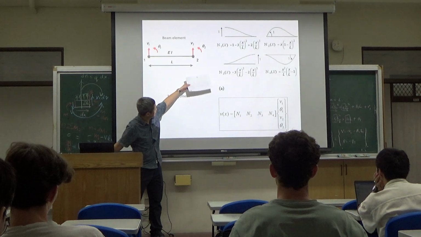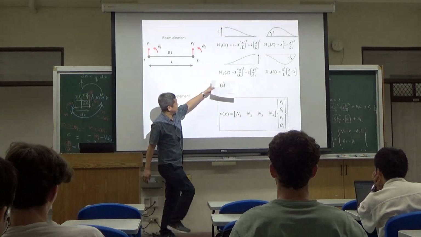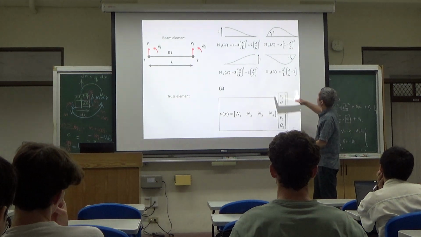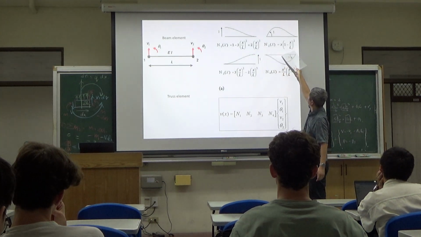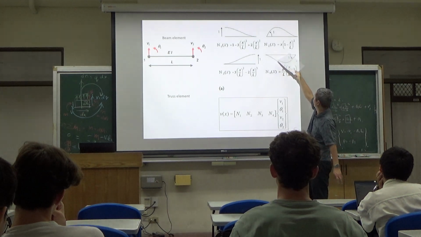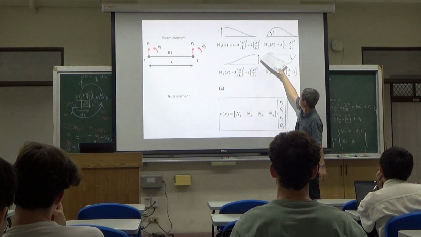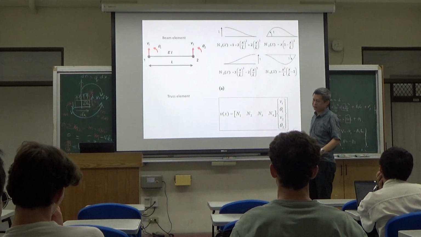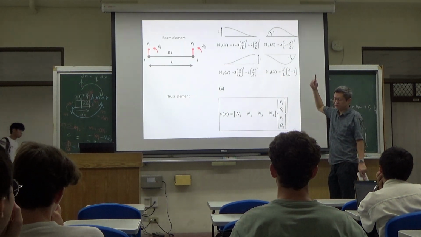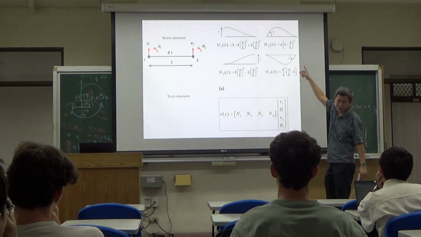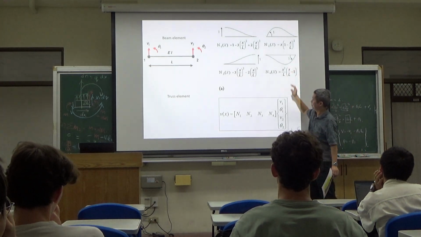So these are the shape functions we said. N2 is 0 even when x is equal to 0. But the important thing about N2, being the one associated with the angle, is that its derivative must be 1. The dN2/dx is 1 when x equals 0.